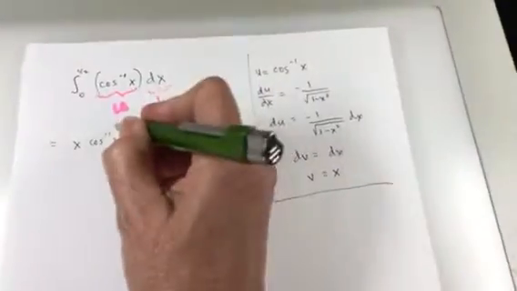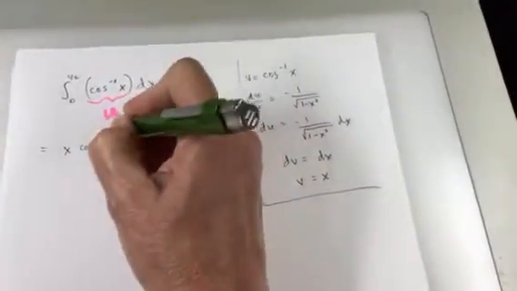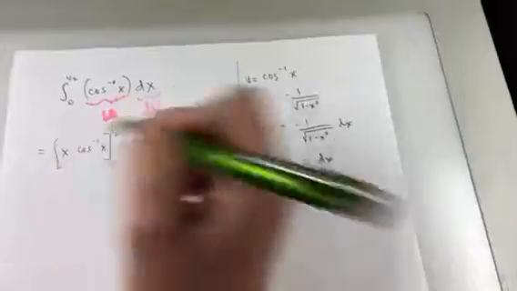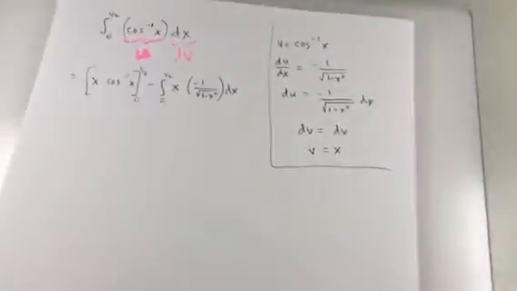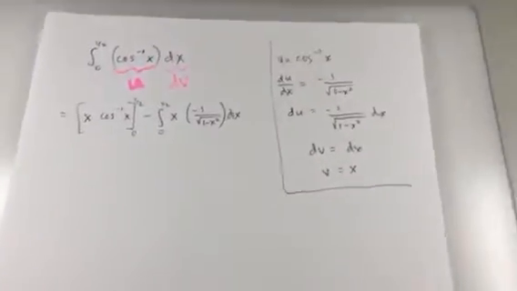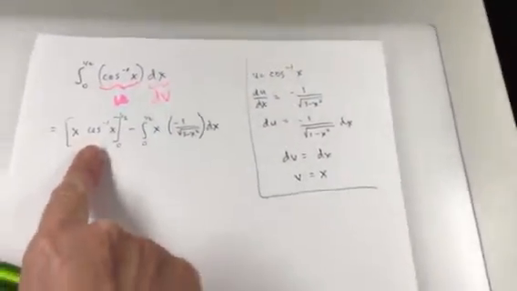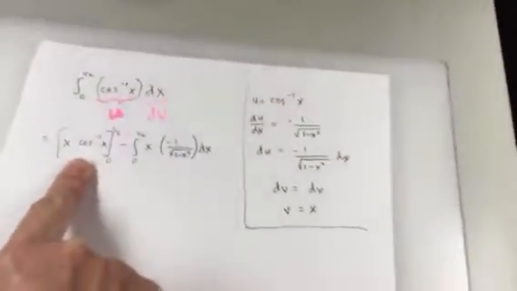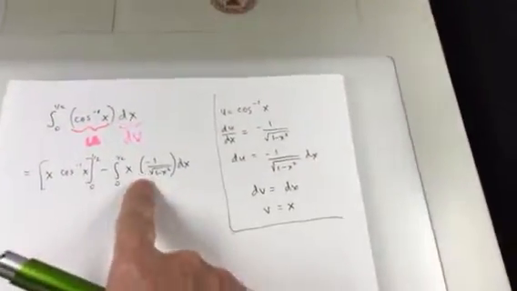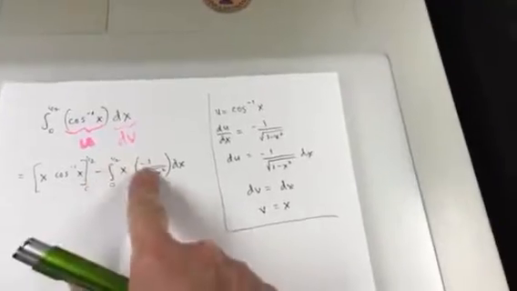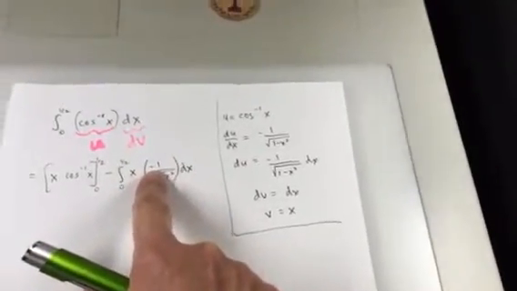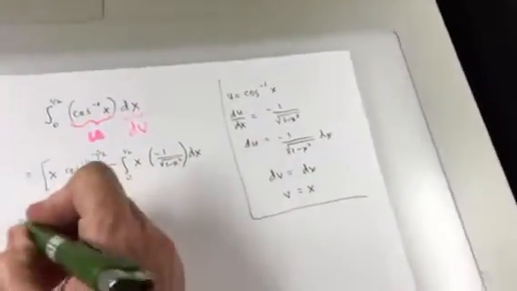And although this is also 0 to 1/2, sometimes I just wait and plug the numbers in after I'm done with all the integration. And if you like, you could plug this in right here, kind of your choice there. I'm going to tackle this part. I got minus a negative, so that would be a plus in front of the integral.